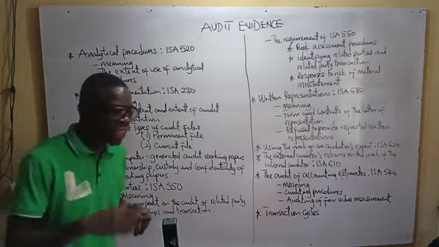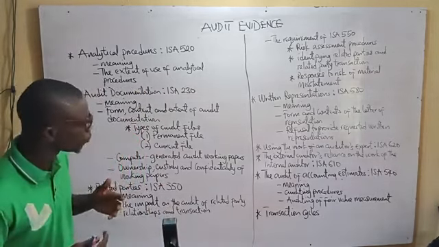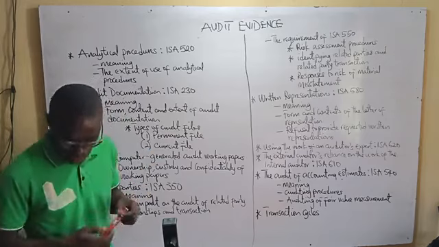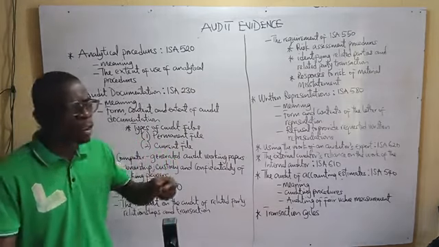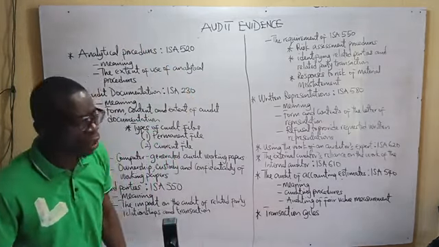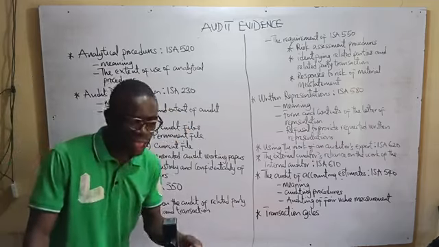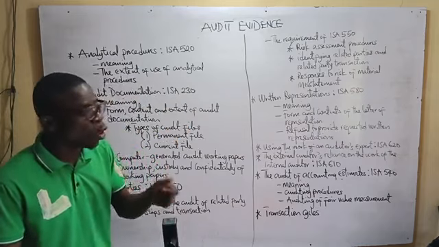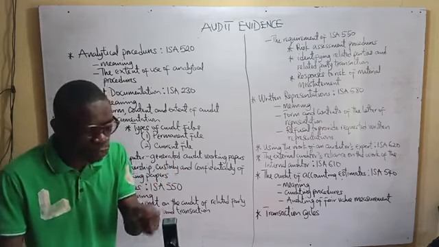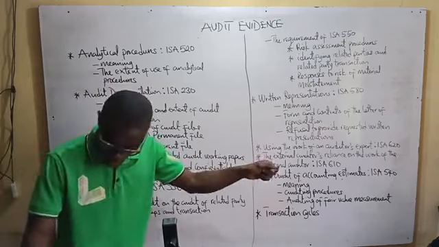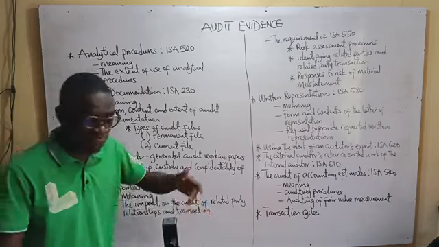Also, the accounting system or procedure that the client is using is going to be in the permanent file. Now, the copy of the previous year financial statement: every time you complete the audit of that client, you put the copy of the financial statement in the permanent file.